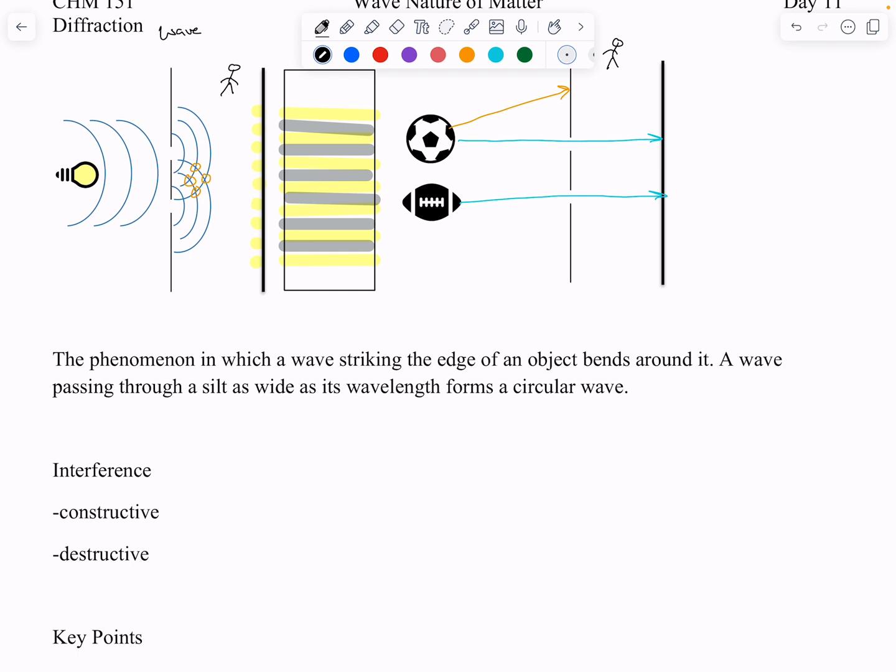Constructive interference is where the waves add together, right? It's kind of like sine x plus sine x. Destructive is the waves subtract. Sine x minus sine x. Okay.